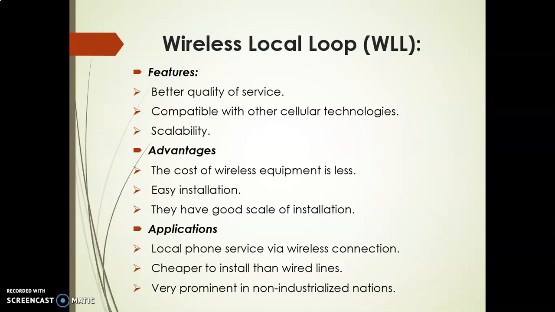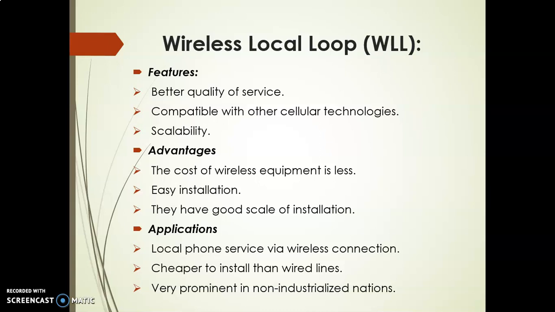Now here you can see the features of wireless local loop. First feature is better quality of service, then compatible with other cellular technologies, then scalability. These are the features of the WLL. Now what are the advantages of wireless local loop?